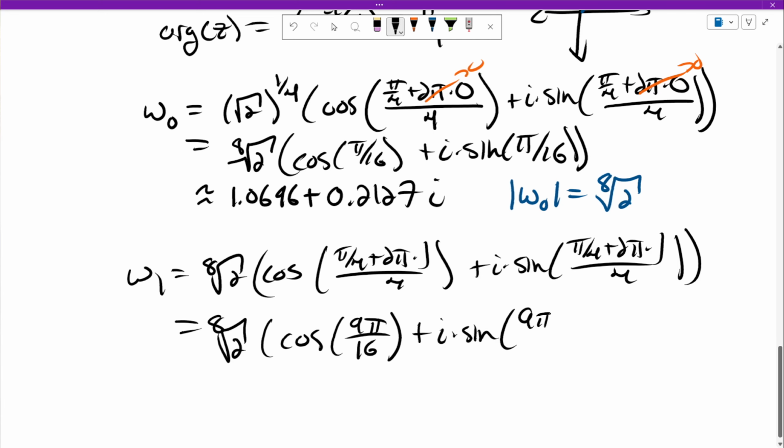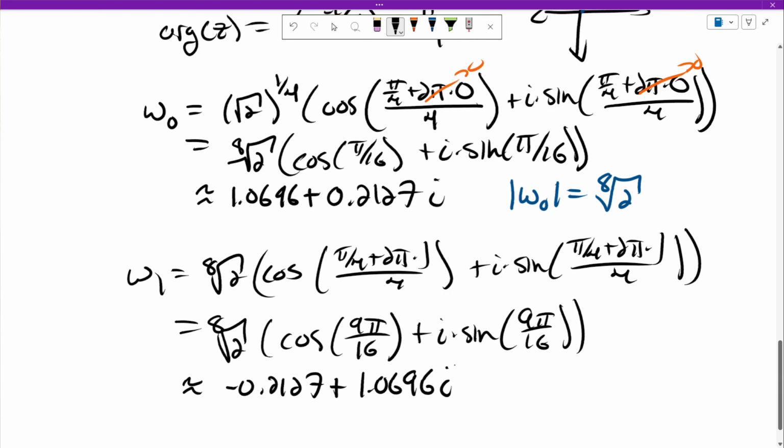And then sine 9 pi 16ths, which again, your book has approximated, and you get about negative 0.2127 plus 1.0696i. Again, this is on a circle of radius 8th root of 2. The modulus is still the 8th root of 2. And if we were to draw a picture and take powers like we did in the previous video, we would see it getting closer and closer to 1 plus i.